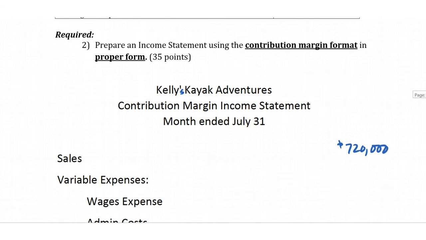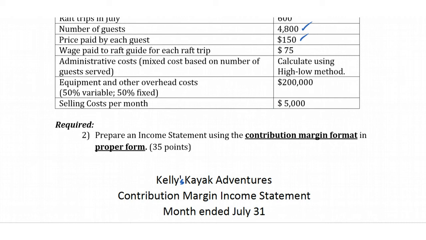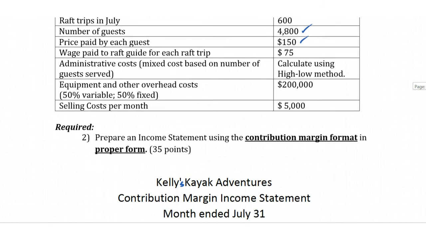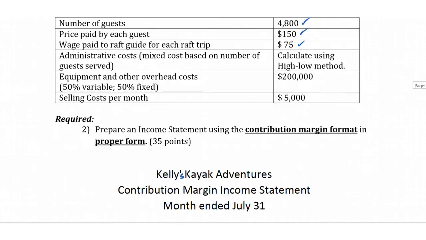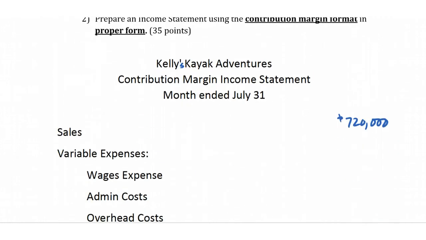Our variable expense, there's several, so let's go up and kind of work through these. Okay, the first one we encounter is wages. We paid a raft guide $75 per trip, and there's 600 trips in July. So 75 times 600 is 4,500.